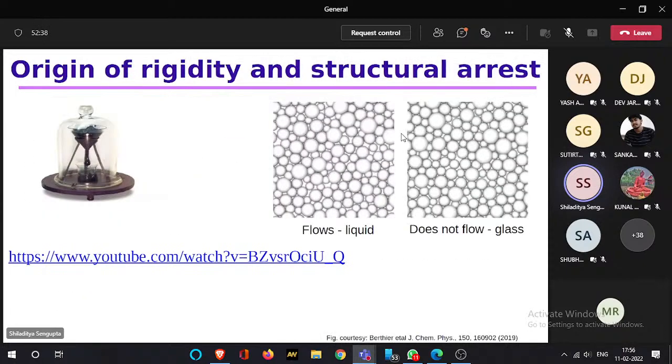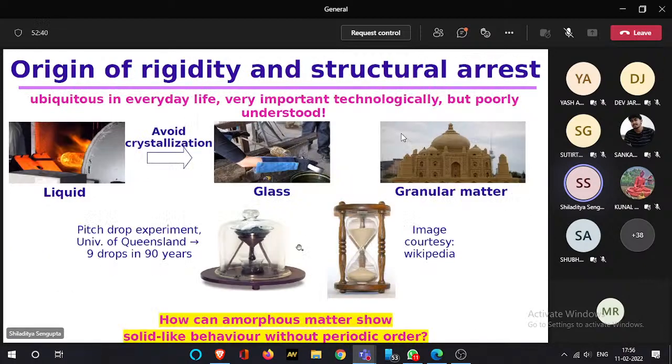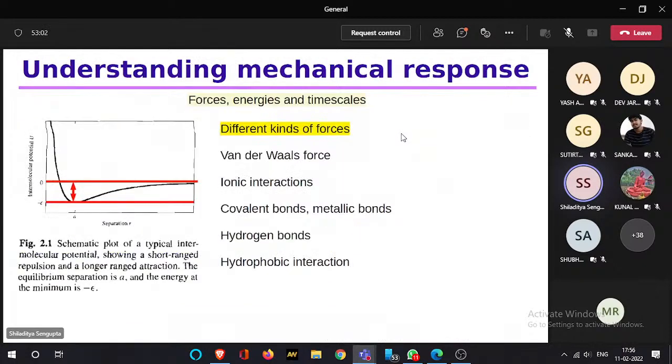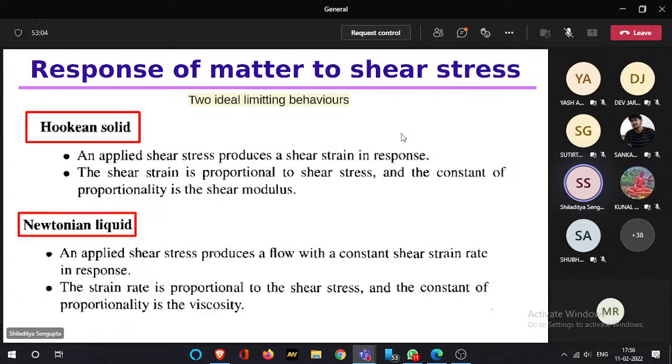One thing I forgot to mention is a very simple question about this kind of material: can we call them solid or can we call them liquid? And when they behave as solid, why are they behaving as solid? This is the simple research question that I focus on.